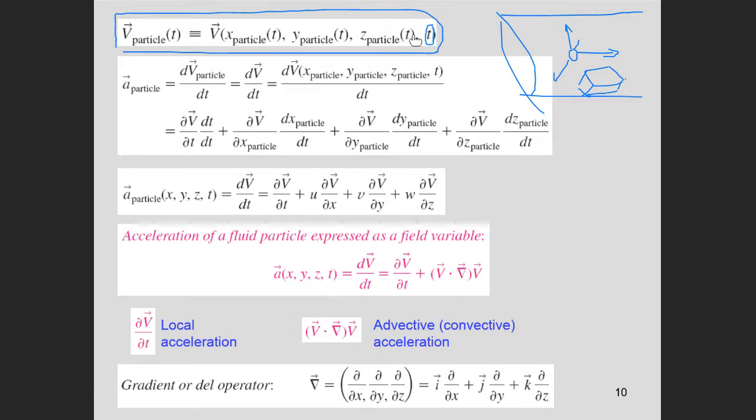Let us find an equation for the acceleration. We said the acceleration is basically what, guys? dV by dt. Follow me. Do you remember when we derived the change of specific volume?